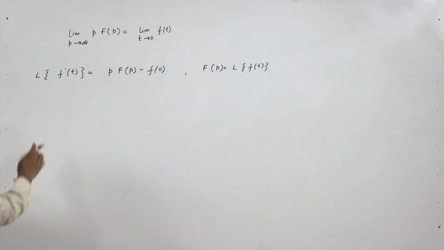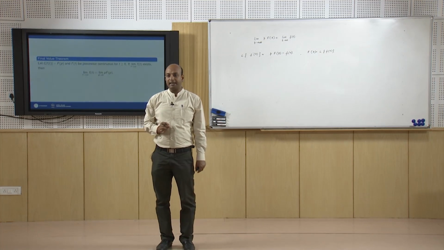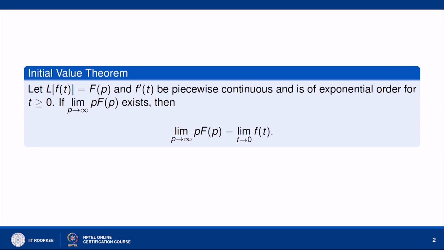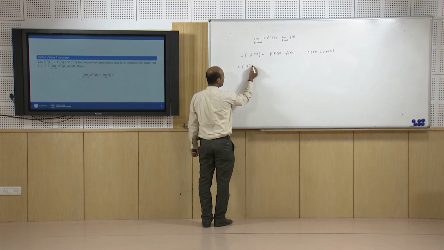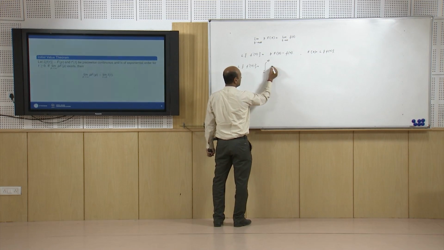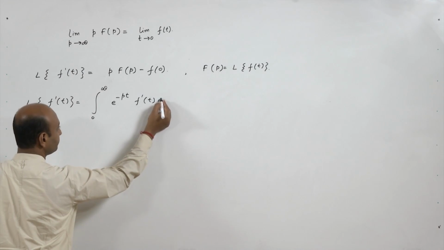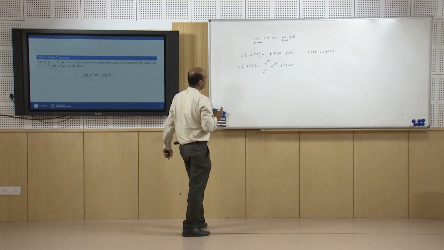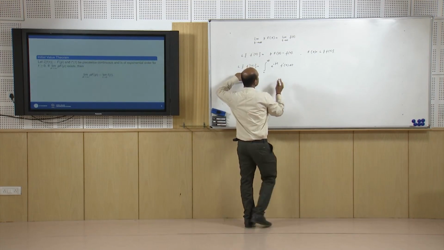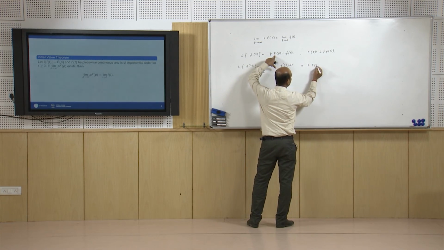Now, let us compute the Laplace of f'(t) by the definition and take the limit p tending to infinity, because in the initial value theorem we have to take the limit p tending to infinity. So, what is the Laplace of f'(t) by the main definition? It is the integral from 0 to infinity of e to the power minus pt times f'(t) dt, which is equal to pF(p) minus f(0).